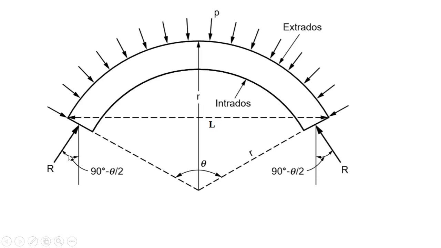So this angle will be 90 minus theta by 2. Similarly, this angle will also be 90 minus theta by 2. And you can see that this is the extrados, so that is the upstream direction where water is stored, and small p indicates the intensity of water pressure.